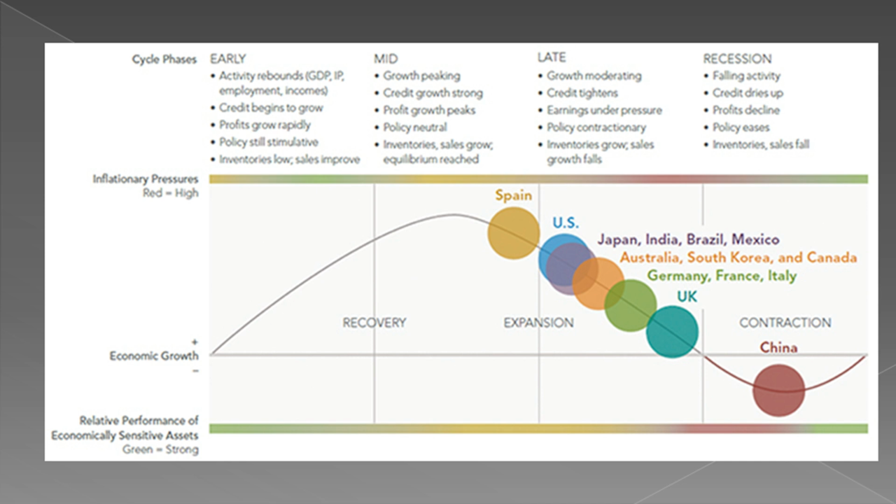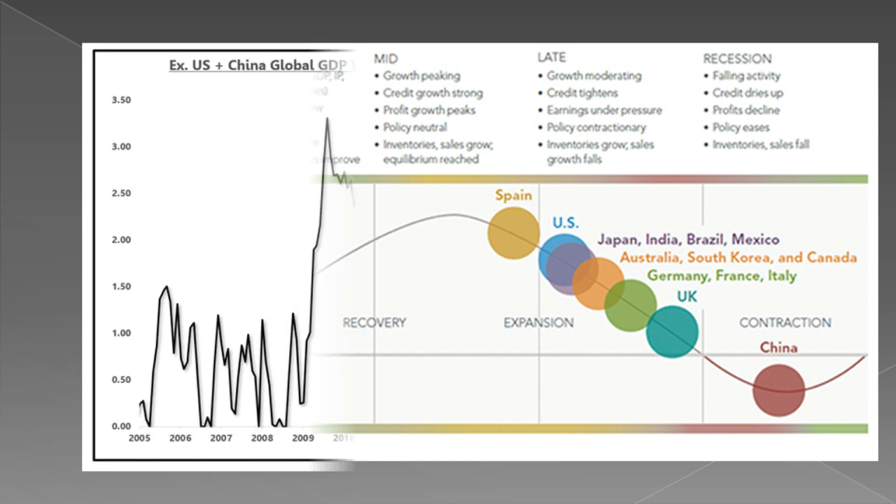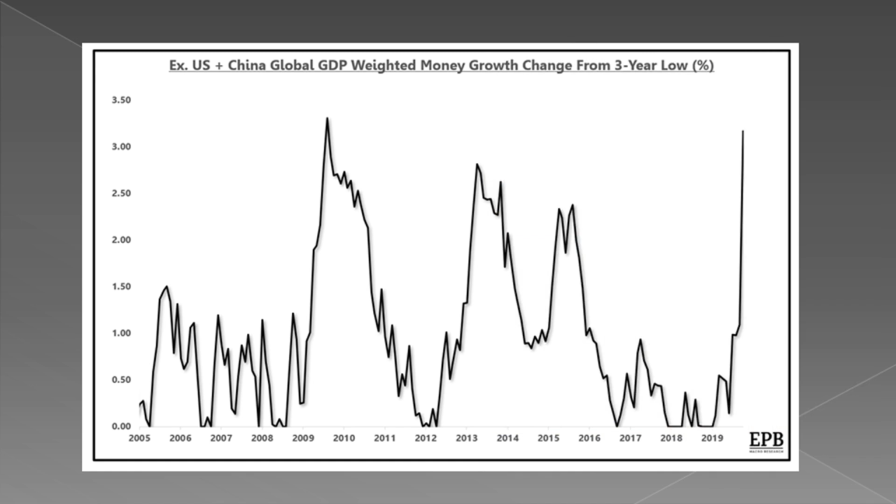Our concern then, as it is now, is how China, which has accounted for over 60% of all new global debt since the 2008 financial crisis, was going to respond to a slowing global economy. What we have witnessed with all the central bank policy easing announcements is that the reality, when we take out China and the U.S., until very recently, the money growth driving global equity markets has not actually come from them.